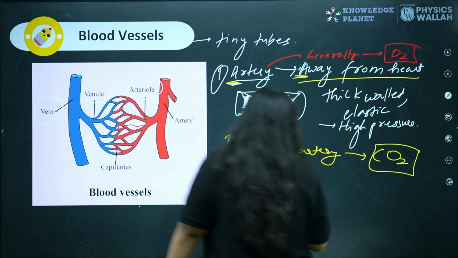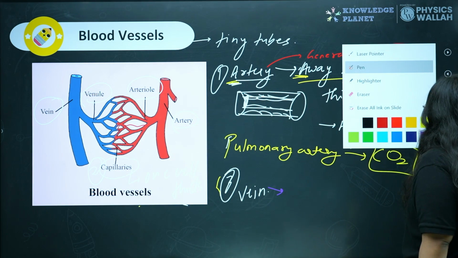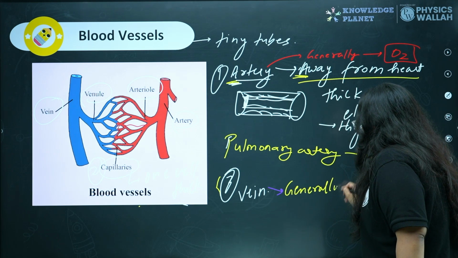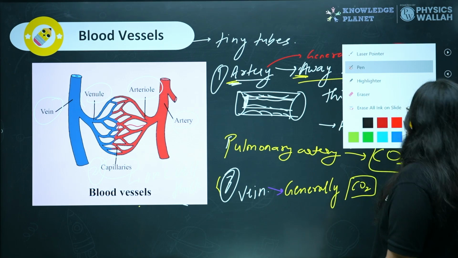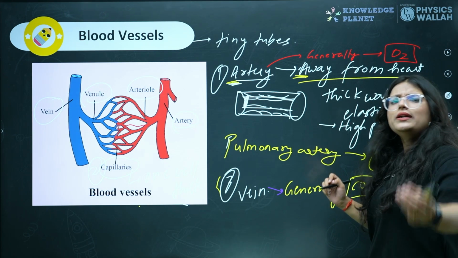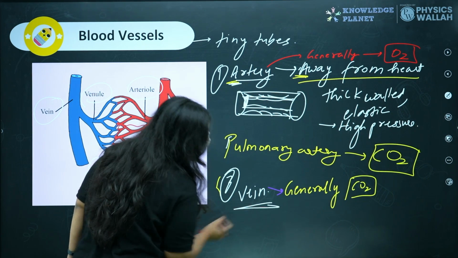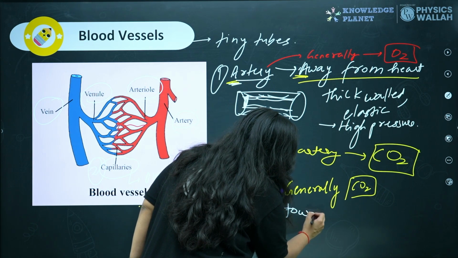Veins are blood vessels which generally carry deoxygenated blood. But generally means not always, so there is also an exception. So how do we properly define veins? You can say that the veins take the blood towards the heart.